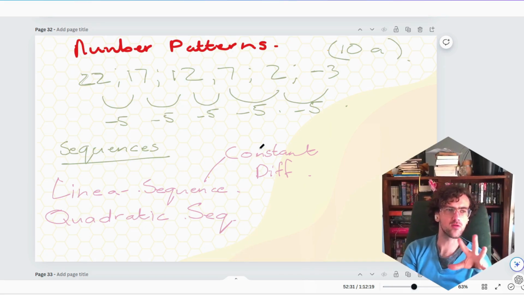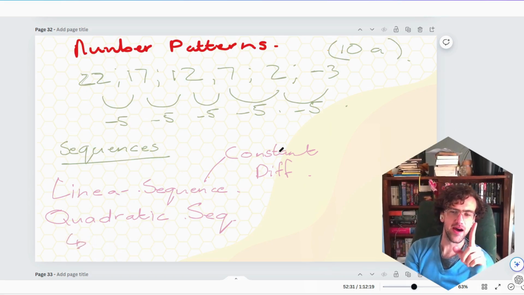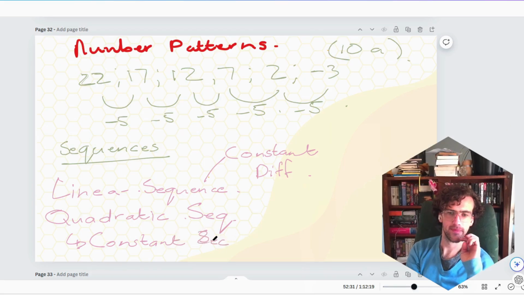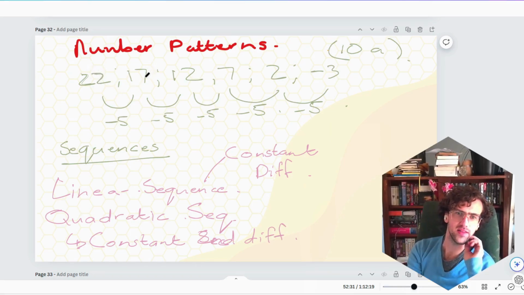Basically it has a constant second difference. Let me explain what that means. While the differences between the terms aren't the same, if you write these little numbers down, the difference between those will be the same.